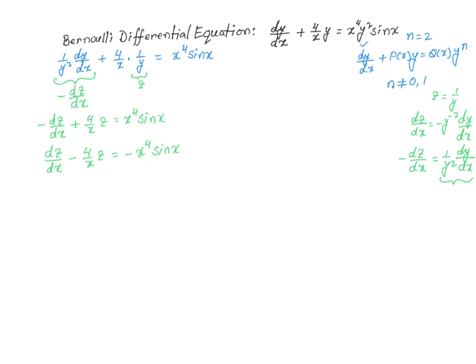Integrating factor mu of x, as you know, is equal to e to the power integral p of x dx. P of x is the coefficient of z in this case.